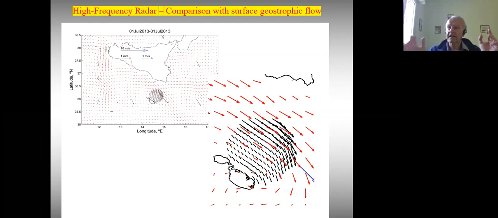But one can ask, well, if I'm talking about geostrophic currents, geostrophic currents are in equilibrium, therefore there is no outside forcing. How come then the wind direction fits very well with my geostrophic current measurements? Because what is going on?